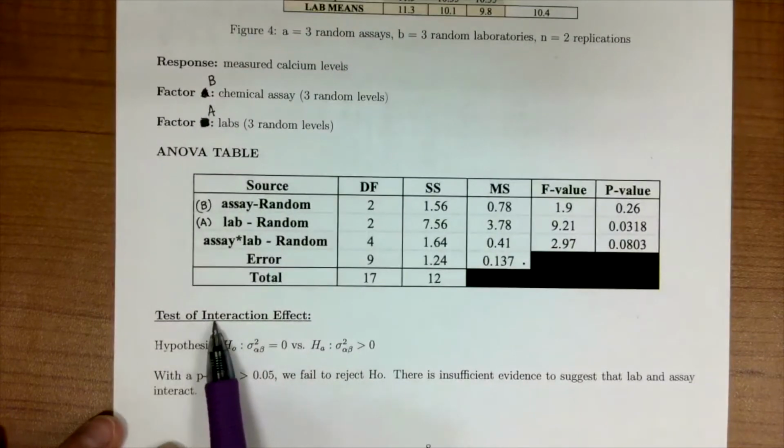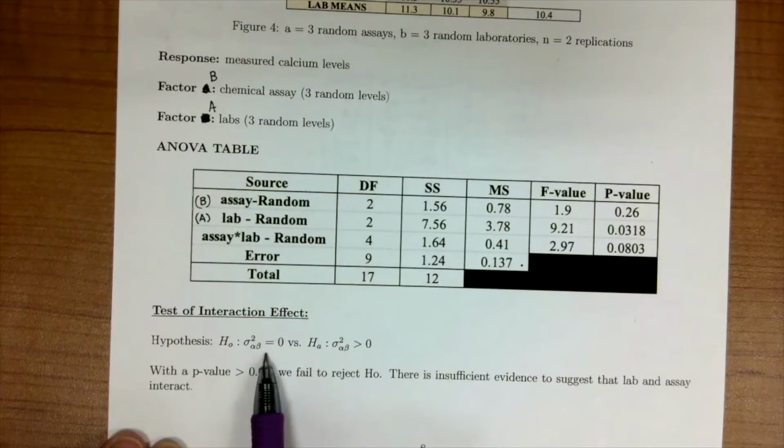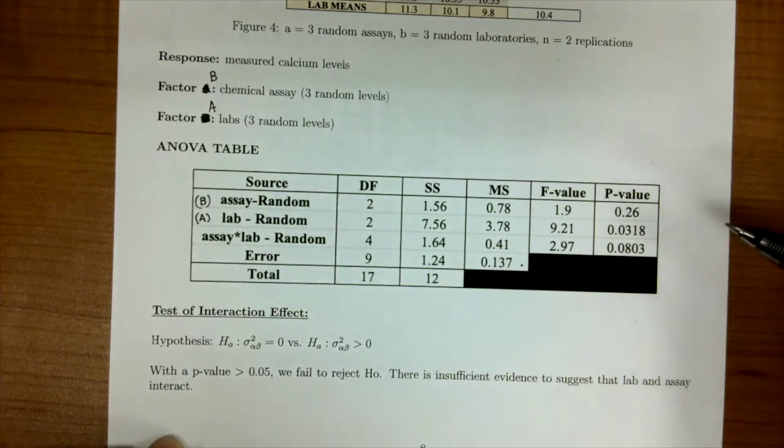If we were interested in testing our interaction effect, we have our null hypothesis saying that our sigma for interaction is equal to 0 versus the sigma greater than 0. Again, it's not equal to because variances can't be negative.